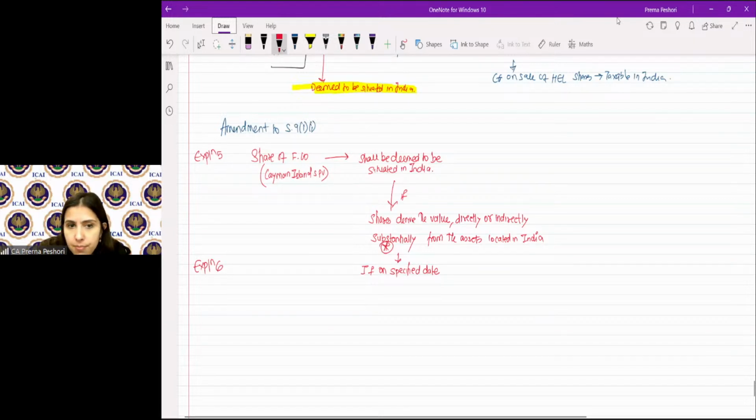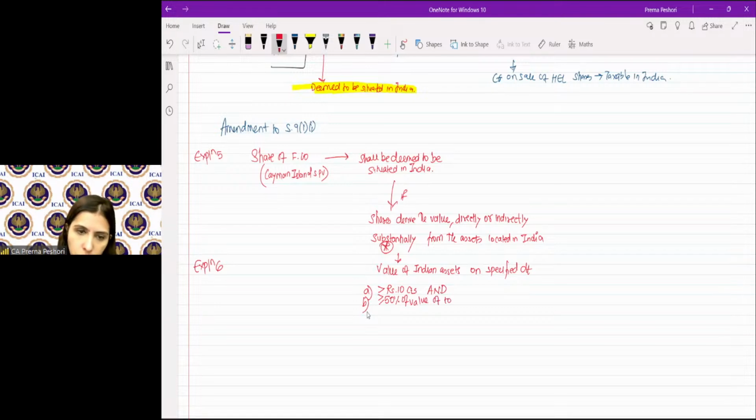If on the specified date, value of the Indian assets, you can write like this: value of the Indian assets on the specified date exceeds rupees 10 crores and is greater than equal to 50% of value of total assets of the company.